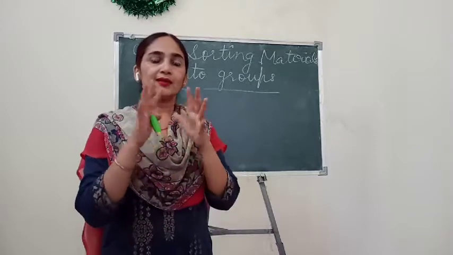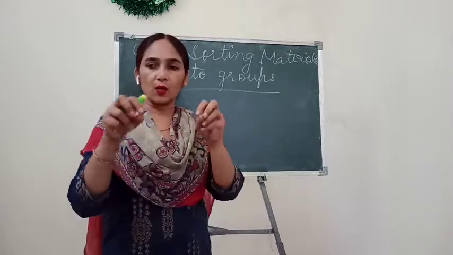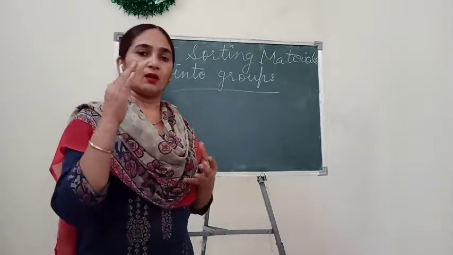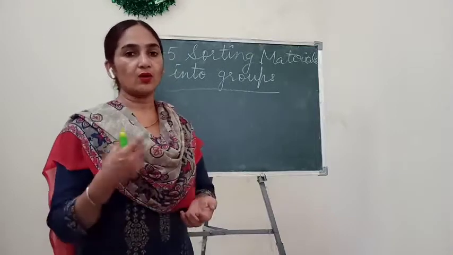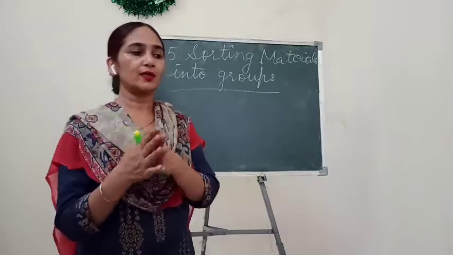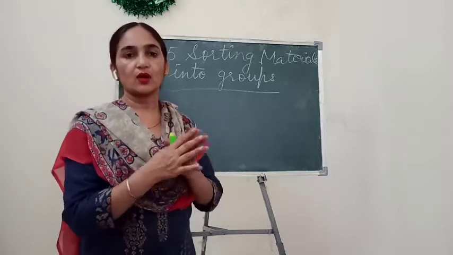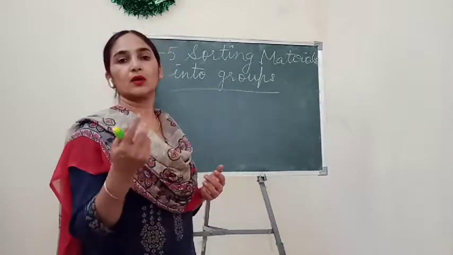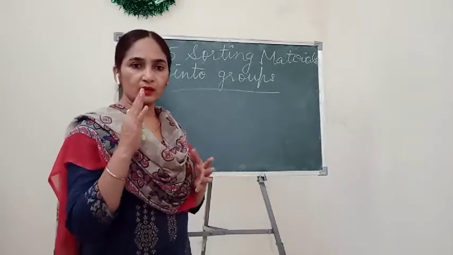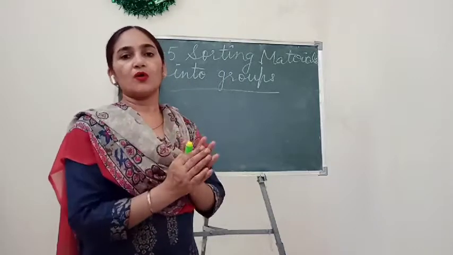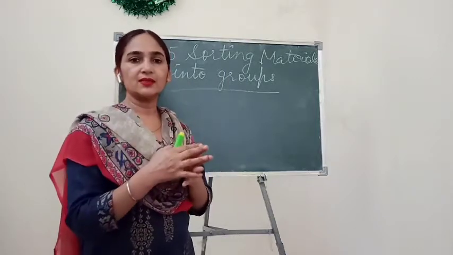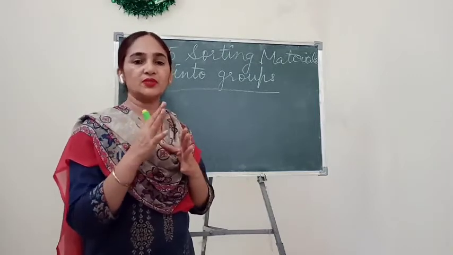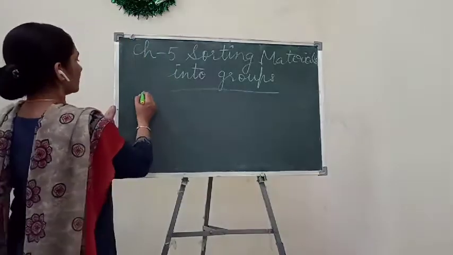Okay, so in this way we are sorting out all the materials, or we can say we are separating out those materials. But how do we separate them? According to their different characteristics or their different properties. So children, in your book the word object is used in this chapter.